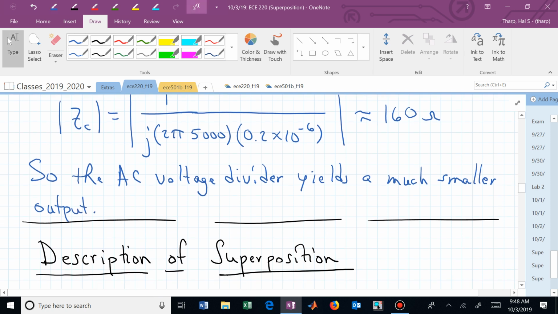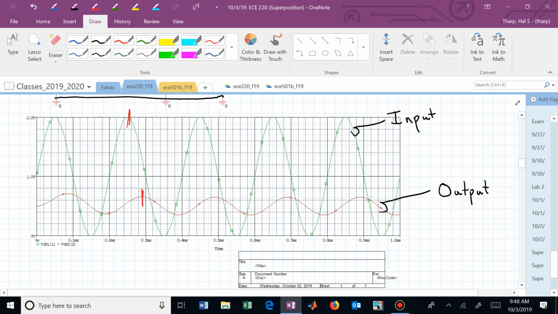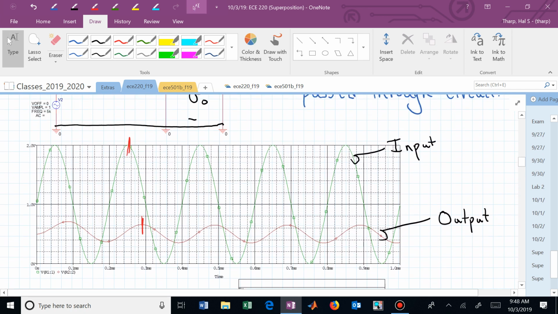If we were looking at VO of AC, now we're looking at something like 140 over 1,000 plus 140 times the input, which had a magnitude of 1 from 0 to peak. Now this ends up being about 0.12. So from peak to peak, we are twice that, which would be about 0.25. Do you see that this red curve is about that percentage of the green curve?